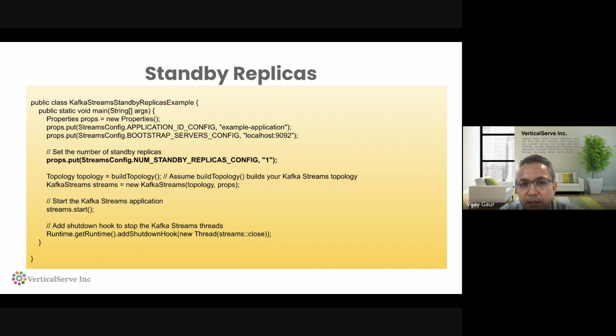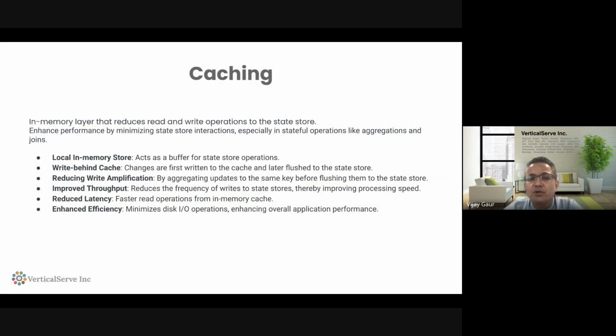All right, so let's talk about caching. We discussed the throughput drop when we have large state stores. One way we can improve throughput is by caching. Caching means we can use an in-memory cache, which is there by default in our stream apps.